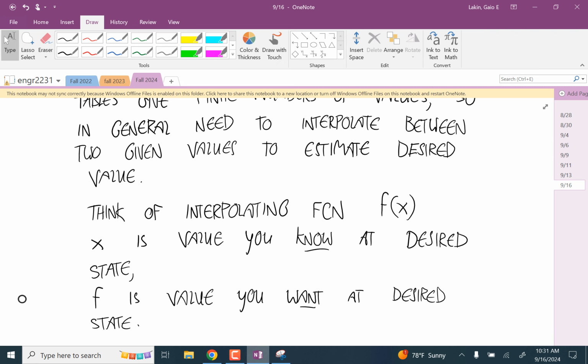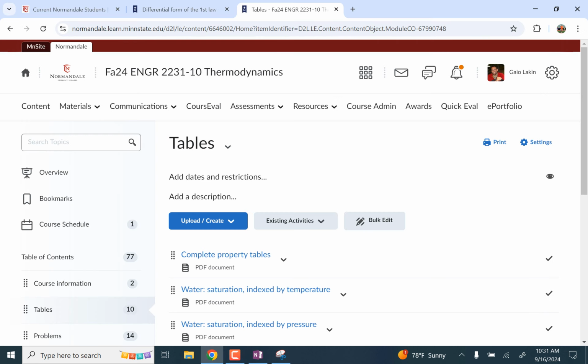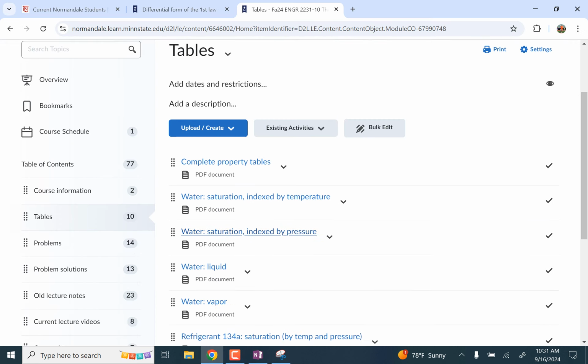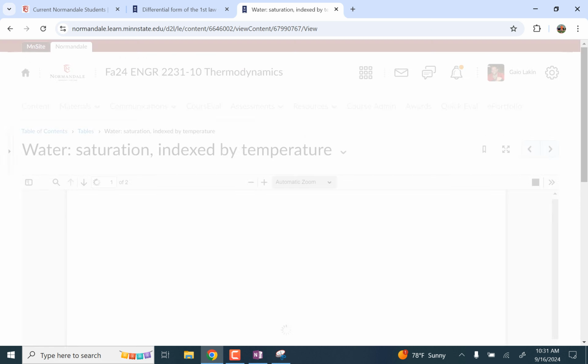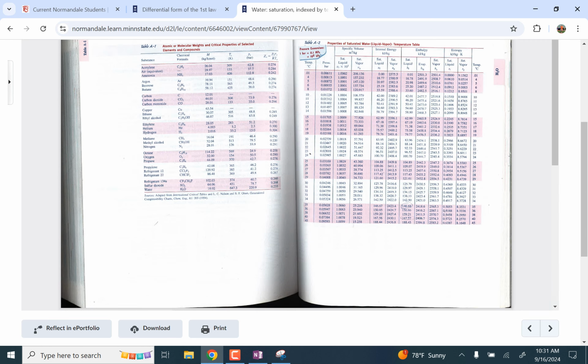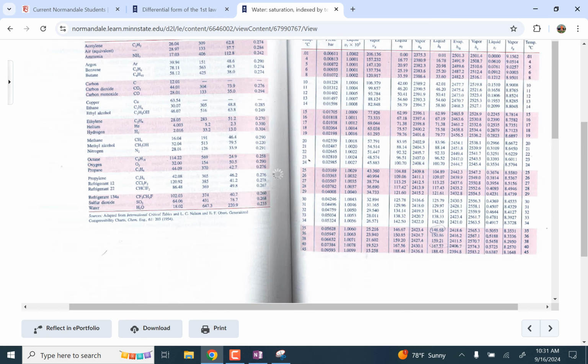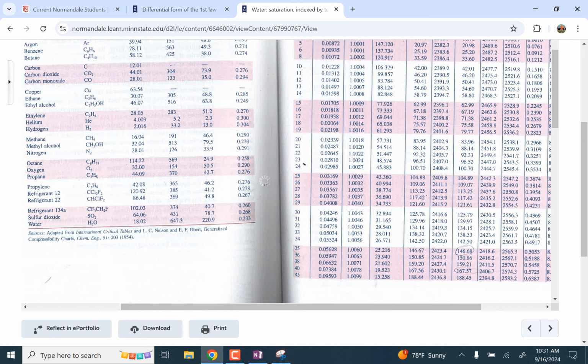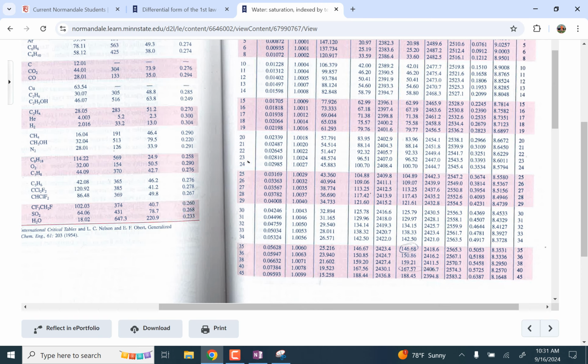Okay, so now let's go back to the saturation table for water. Let's say that we do a calculation, and what we need to know is the specific internal energy for liquid water at saturation at 25.26 degrees Celsius.